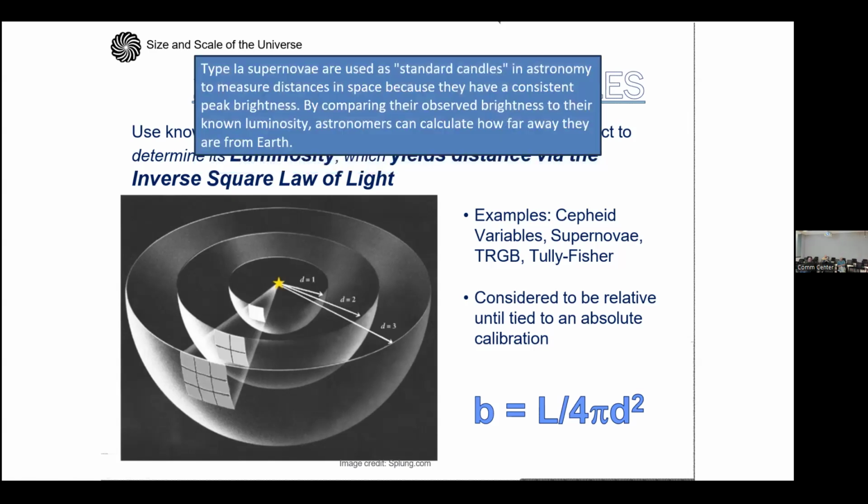Type 1A supernovas are white dwarfs in a binary system that pull material from the companion star. And they pull enough material that the white dwarf accretes enough to go supernova.